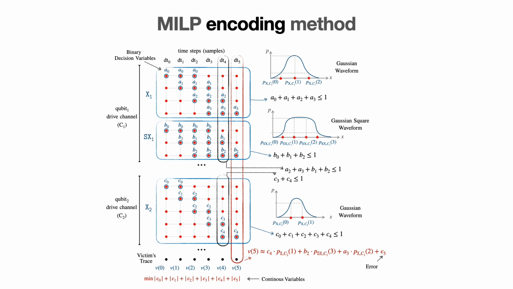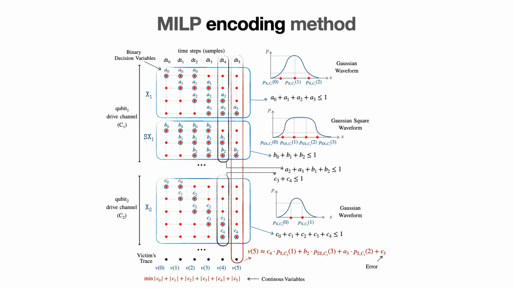respectively. The associated pulse waveform for gate SX1 is Gaussian, as you can see on the figure, having 4 sample points. There is another one having 3 sample points, and yet another having only 2 points. Binary decision variables encircled by blue rounded rectangles in the figure indicate all cases where a candidate gate is applied on the channel.